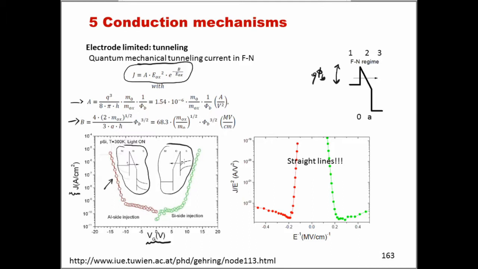And so we are effectively promoting the injection of electrons from the conduction band of the silicon side into the metal, and so the resulting current we would get is the one depicted here in green. And so again we see this exponentially increasing curve that corresponds to Fowler-Nordheim tunneling taking place there.